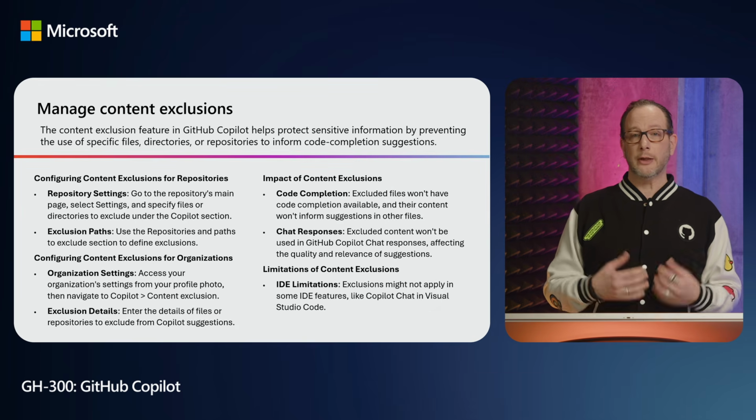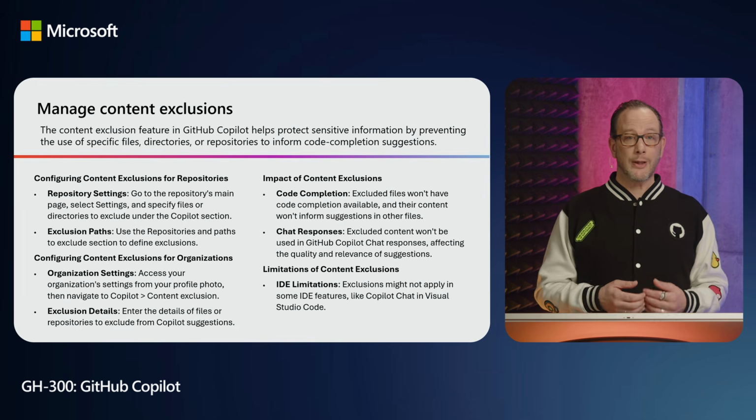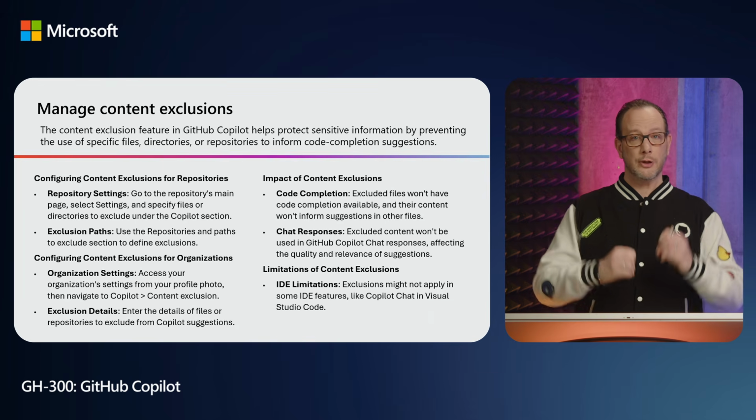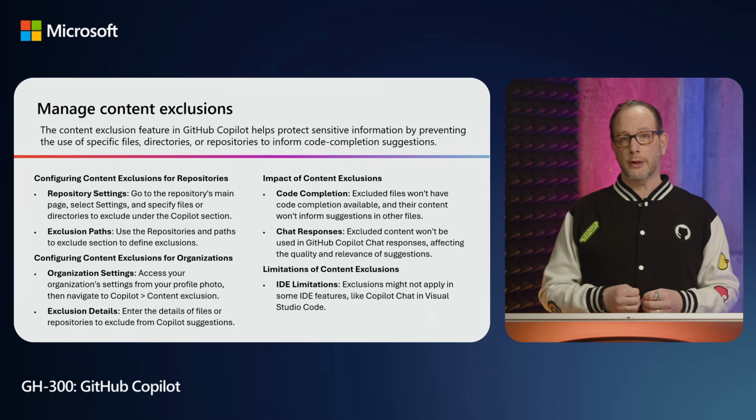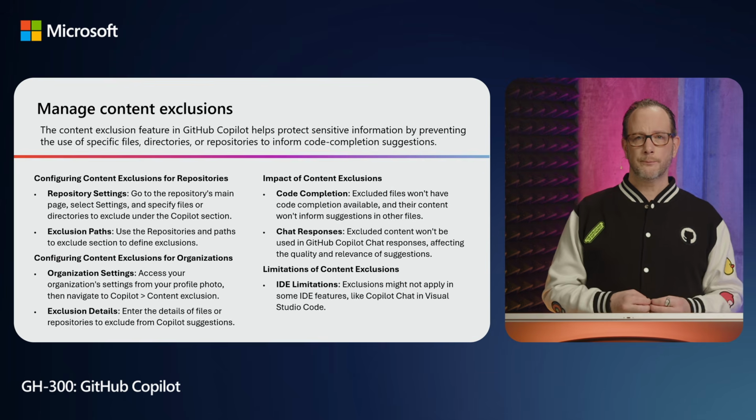Administrators can obviously configure exclusions, either at the repo level or organization level, really balancing productivity with security. The key benefit is confidence. Organizations maintain control of their code while leveraging AI assistance.